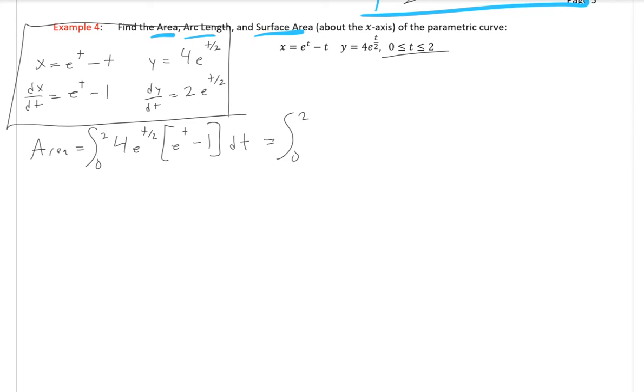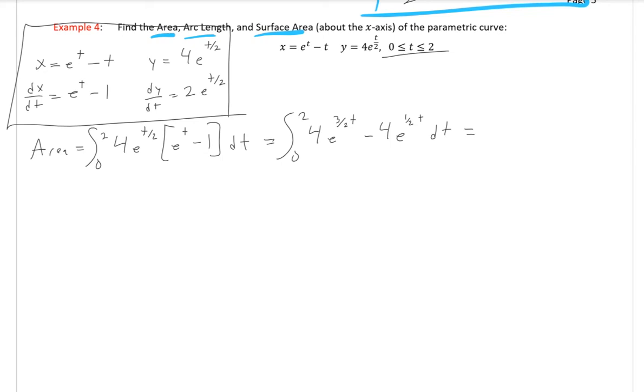The e to the t's multiply. We get 4 e to the 3/2 t, and then minus another 4e to the 1/2 t. Both of these are solvable.